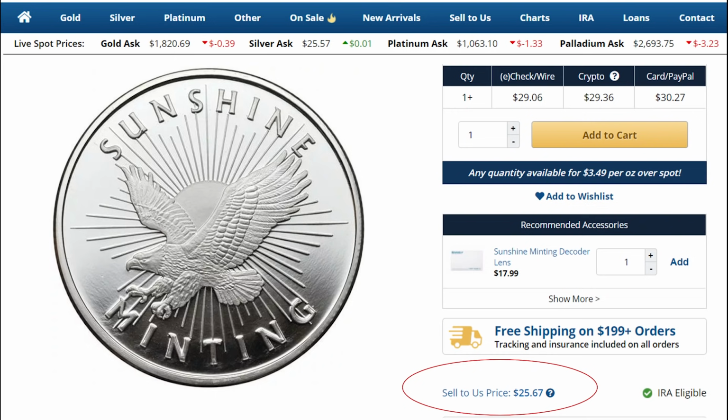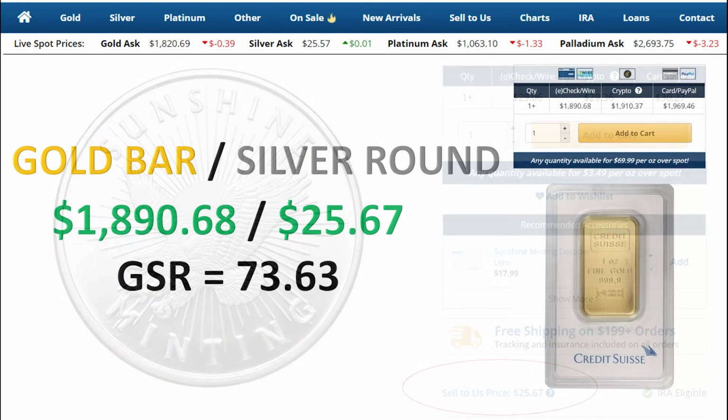To keep it simple, I am using the same Sunshine Mint silver round, which has an advertised sell to us price at JM Bullion of $25.67, in lieu of using silver's spot price for that spot to spot comparison, and also in lieu of the buyer's ratio comparing just the premium to buy either of the two products.